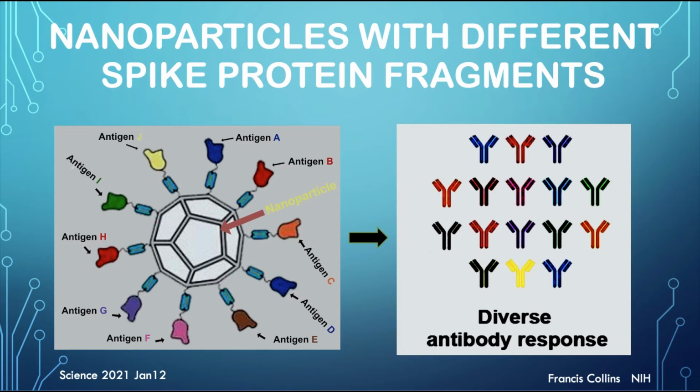The initial results are encouraging because the mice began producing antibodies that could neutralize many different strains of coronavirus. While studies like this are still in their infancy, the potential for applications in the human is enormous.